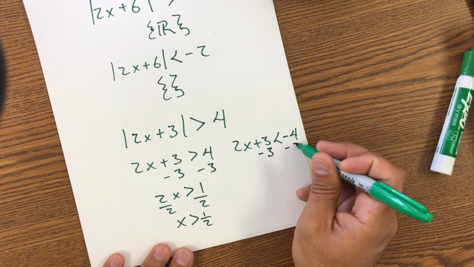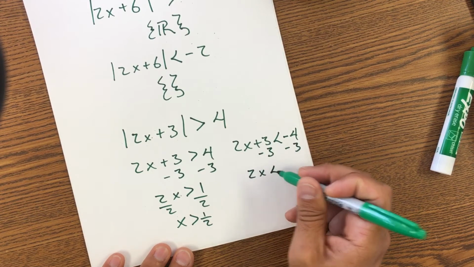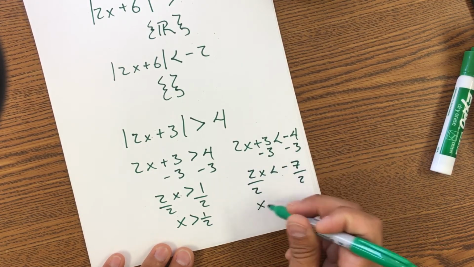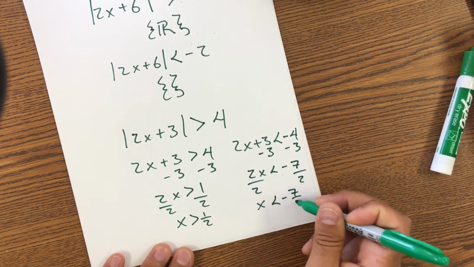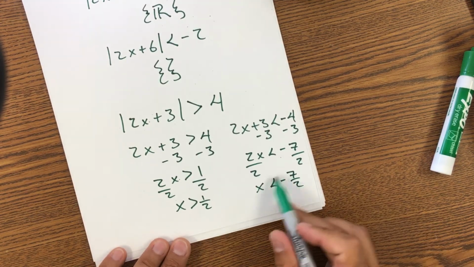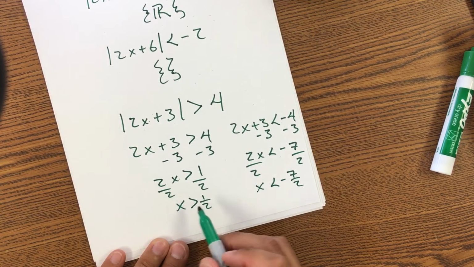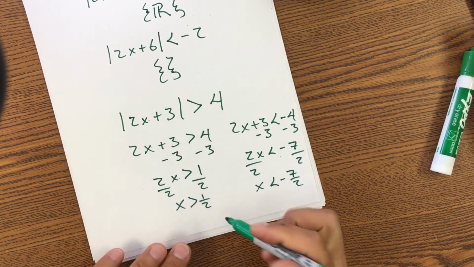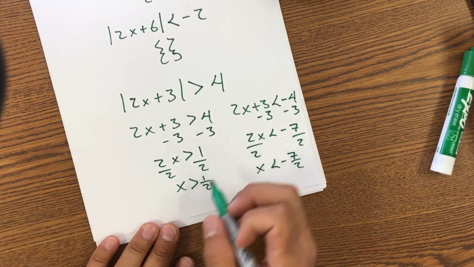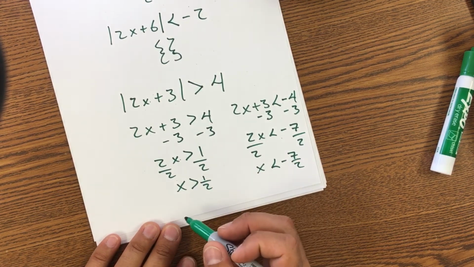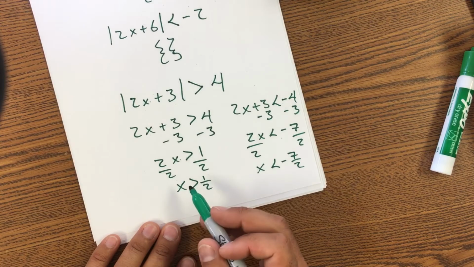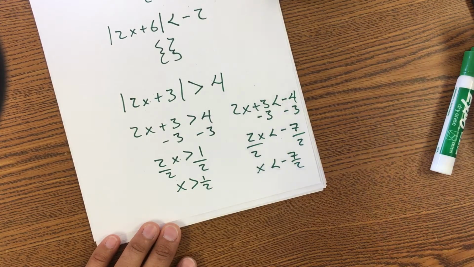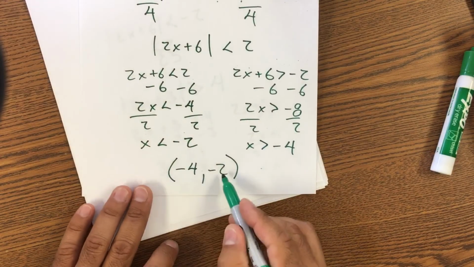Over here, subtract the 3. 2x is less than negative 7. Divide by 2. X is less than negative 7 over 2. It says it's less than this one and more than this one, which those aren't going together, those are going apart. So when that happens, I can't do it in interval notation the same as I did these ones, where I went from here to here.